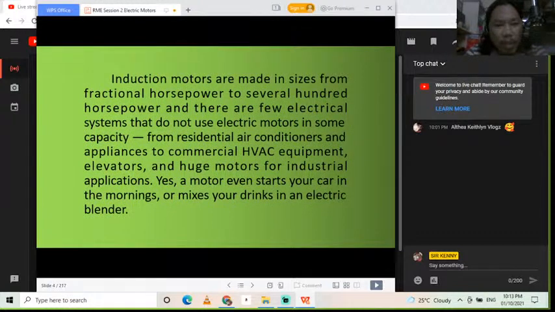And there are few electrical systems that do not use electric motors in some capacity. From residential air conditioners and appliances to commercial HVAC equipment, elevators, and huge motors for industrial applications. Yes, a motor even starts your car in the mornings or mixes your drinks in an electric blender.